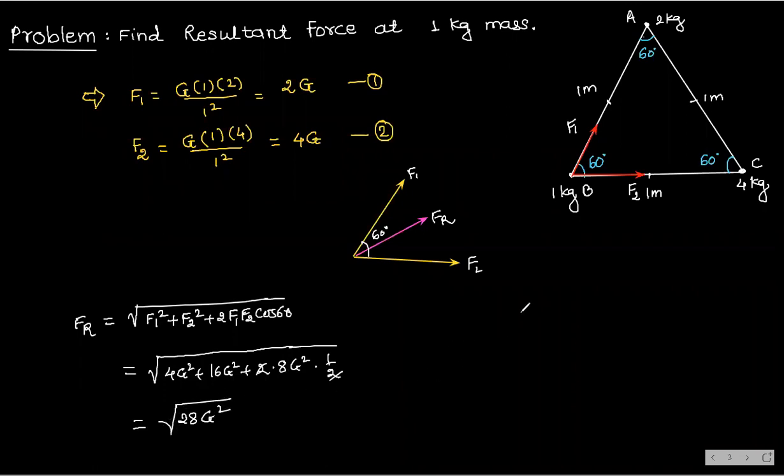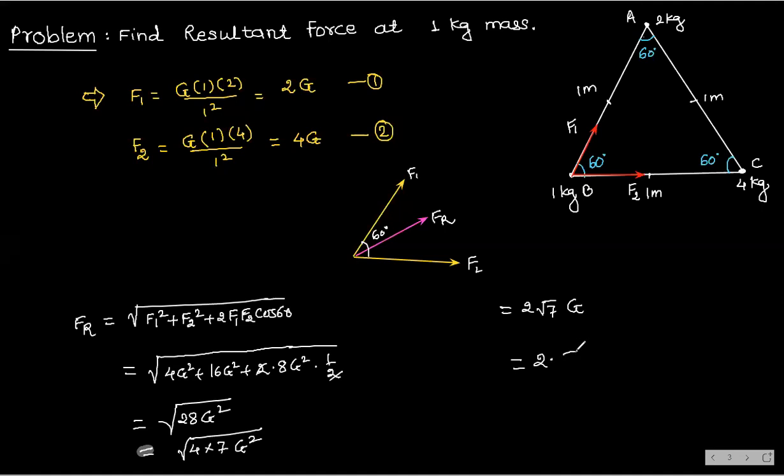So how much do you get? Under root of 28g square is 2 root 7 g. Is that right? Yes, sir. Because this is 4 into 7 g square under root, so I am taking 2 out, and root 7 and g out. Again 2 root 7 g.